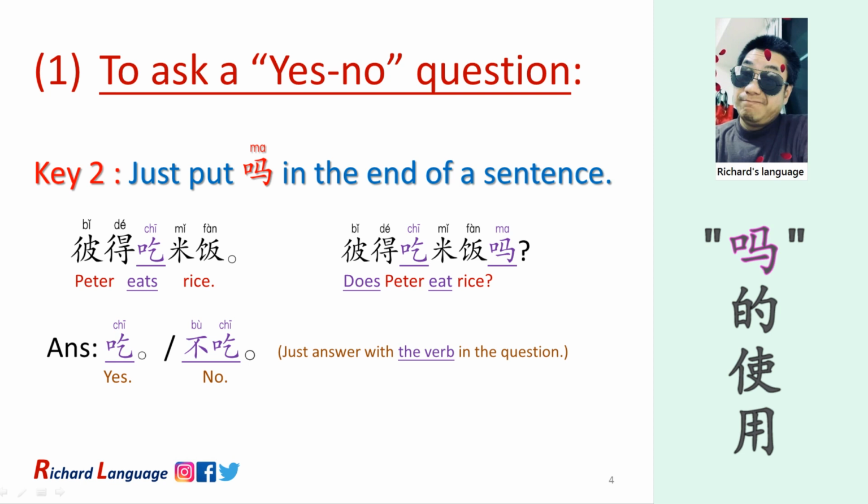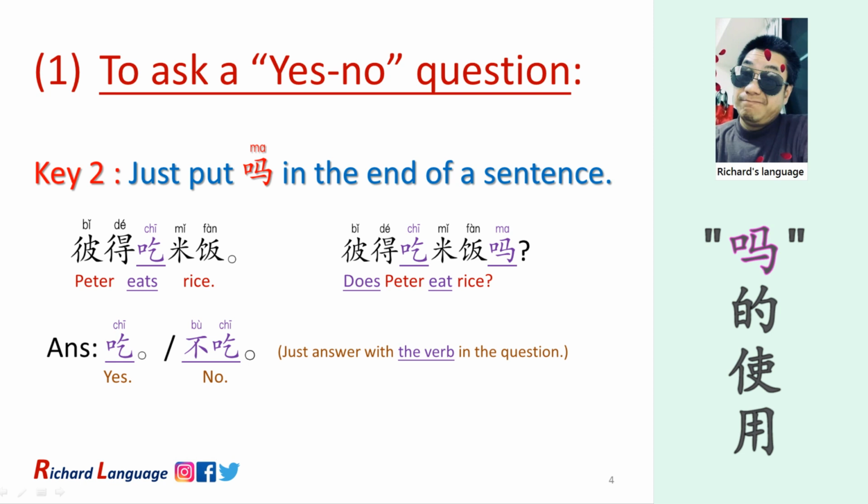So it is 彼得吃米饭吗？ Again, unlike English, we don't need to change any sequence of the words. We just put the word 吗 in the end of the sentence.